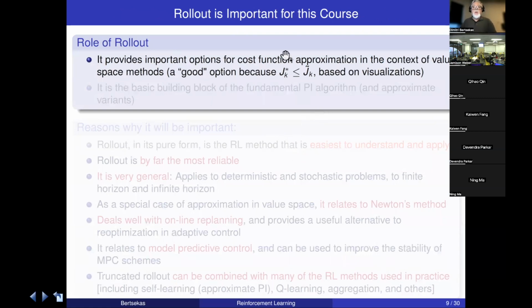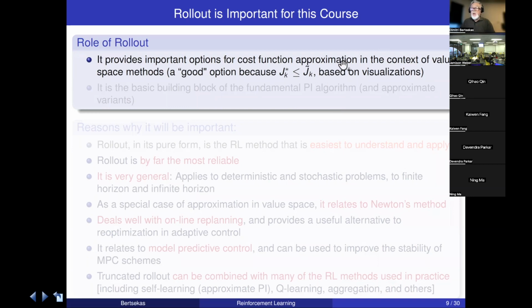Let me say a few things about why rollout is going to be important for us. One of the things that it accomplishes is that it provides options for cost function approximation, which are implementable. They're implementable in particular by simulation. If we want to find the J tilde value at some state, we simply simulate the base policy from that state, and this gives us, within a reasonable approximation, the value of J tilde at that state.